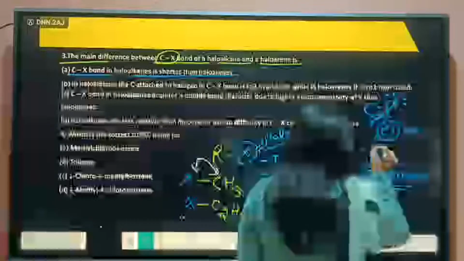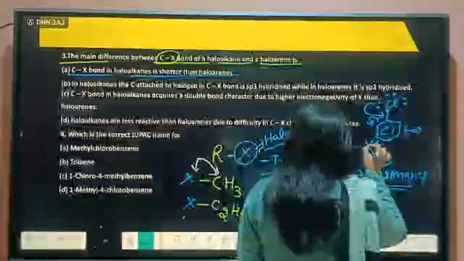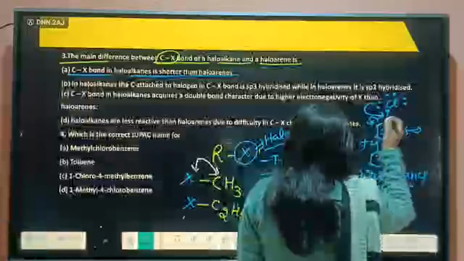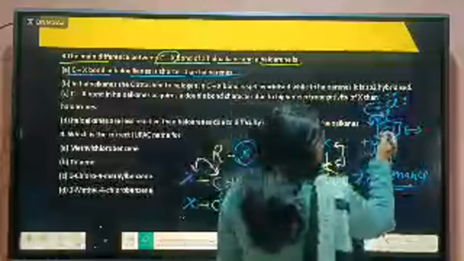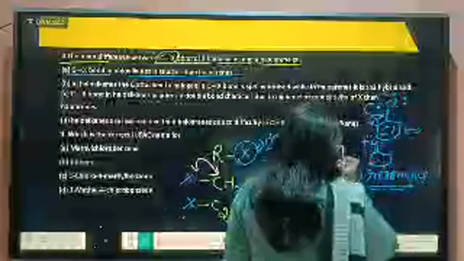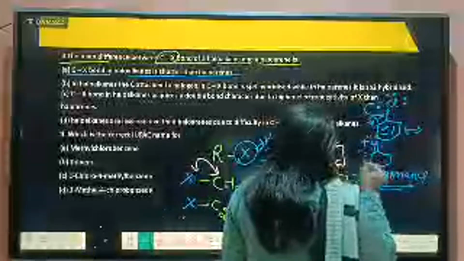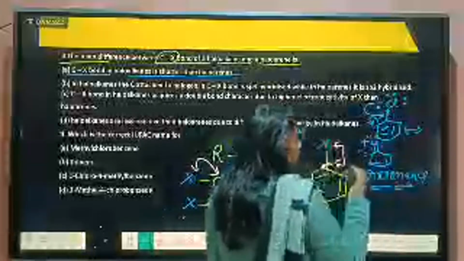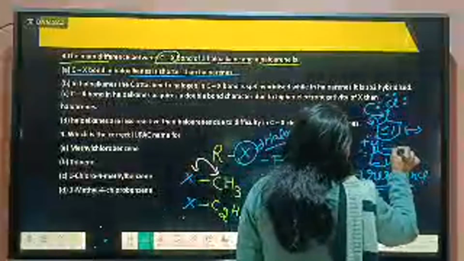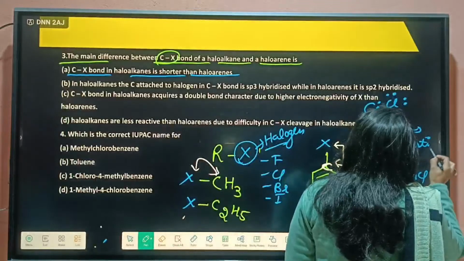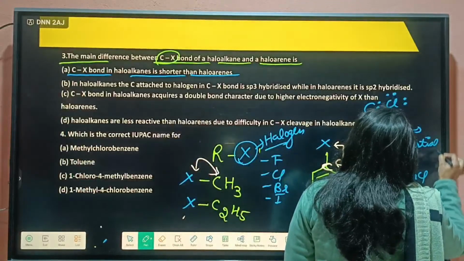This chlorine will lose a bond with this one and become positive chlorine. The electrons of these bonds are shifting here, so negative. This means you can see a double bond. This is the partial double bond character.